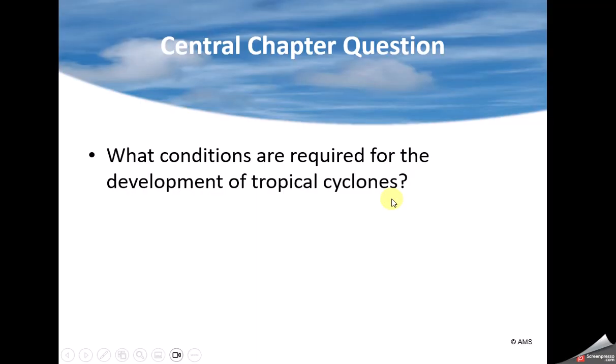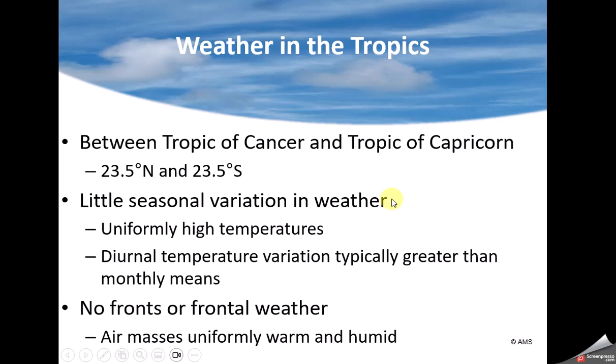So what are some of the conditions? Well, first off, anything in the tropics is going to be where the sun directly comes overhead. So that means it's between the Tropic of Cancer and the Tropic of Capricorn. And there's going to be little seasonal variation in the weather there. Basically, it has high temperatures, 80s, 90s, very humid because there's lots of water at that latitude, and very little diurnal temperature fluctuation, even from month to month.